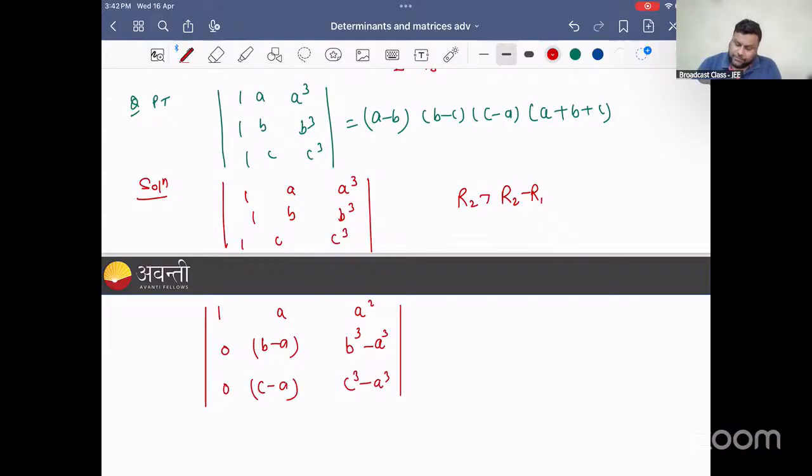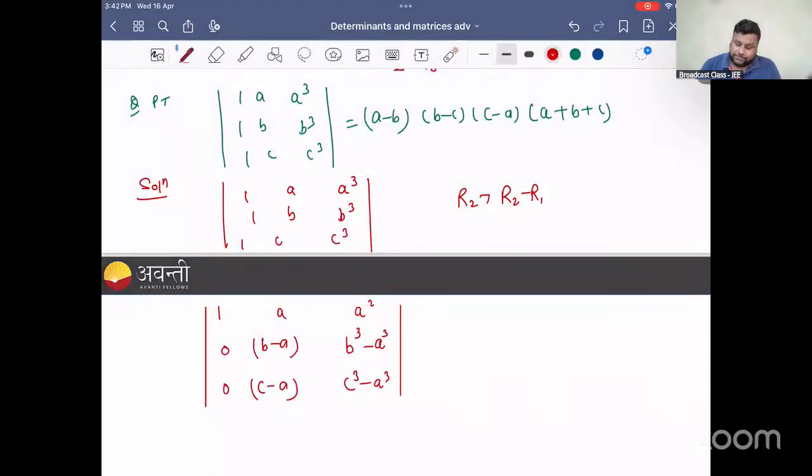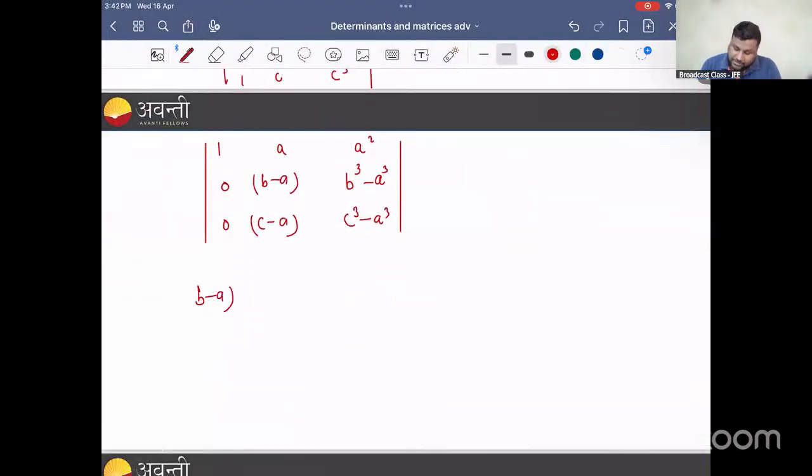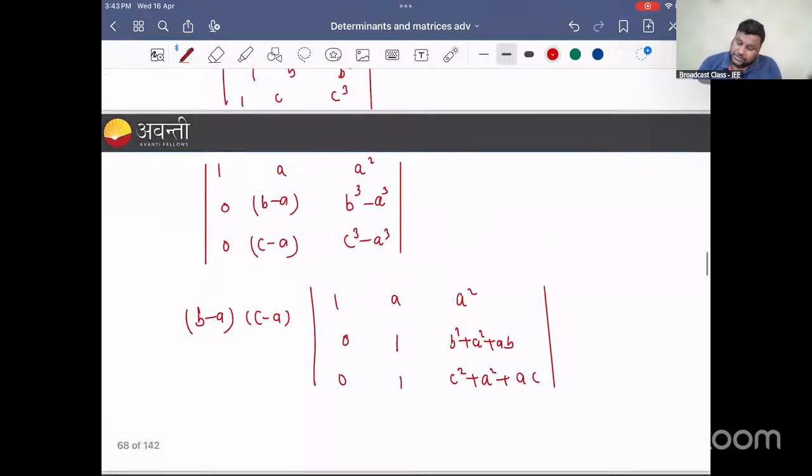Correct? Now if you see, from this column, you can take b minus a common. From this column, you can take c minus a common. So take b minus a and c minus a common. You are left with 1, a square, 0, 1, b square plus a square plus ab, 0, 1, c square plus a square plus ac. Understood? Now, simply expand along what?